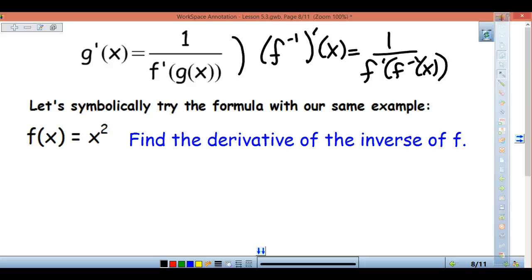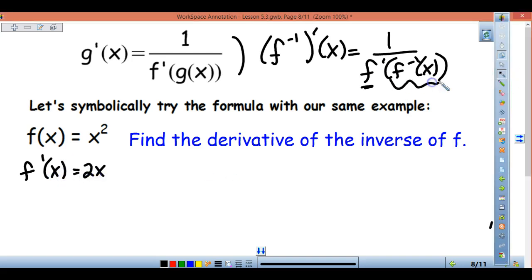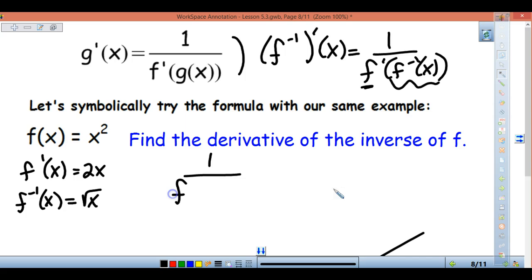There are some parts of the formula that we need that will help us along. We need to know what f prime of x is. f prime of x is equal to 2x. We also need to know what the inverse function is, and we said the inverse function was the square root of x. Following the formula up here, let's follow that notation.